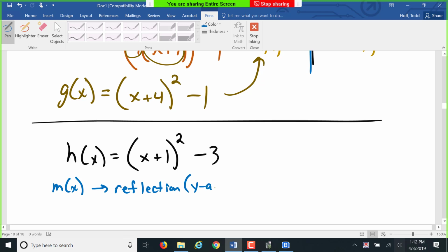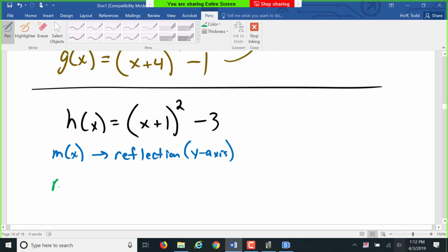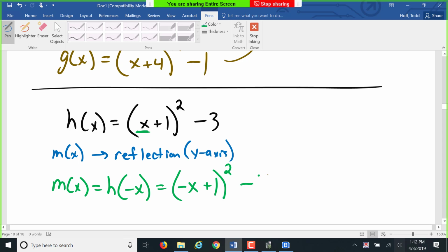I'm just going to put about y-axis, like that. m of x has to equal h of negative x. So we're going to put negative x in where x is. It's going to look like that.